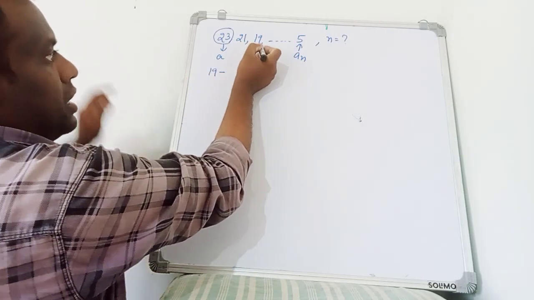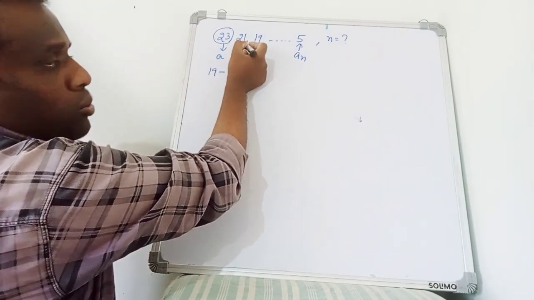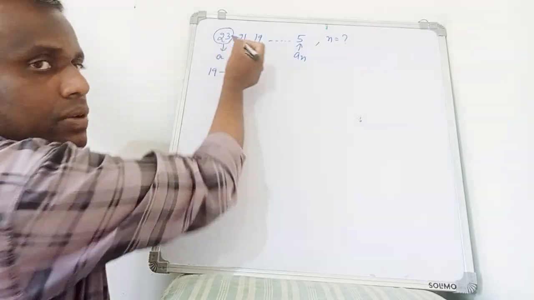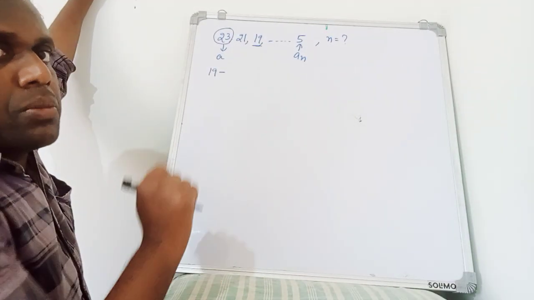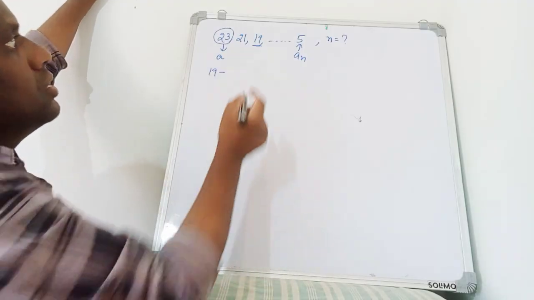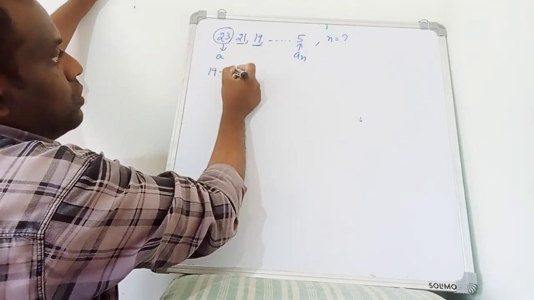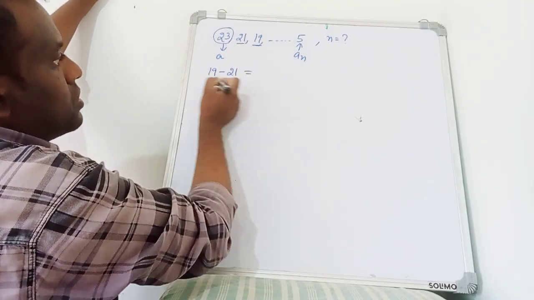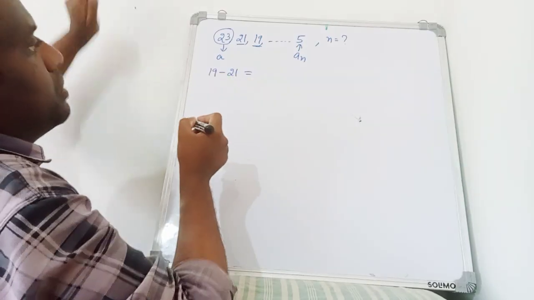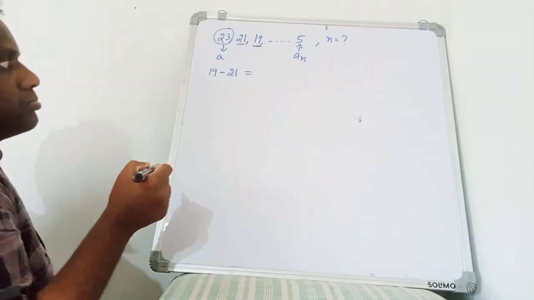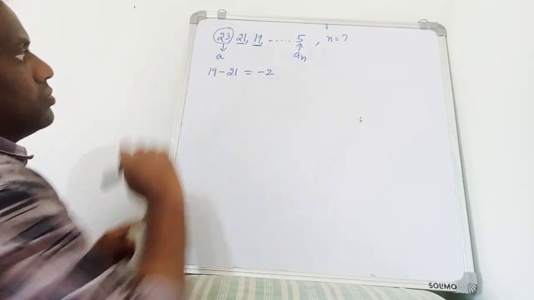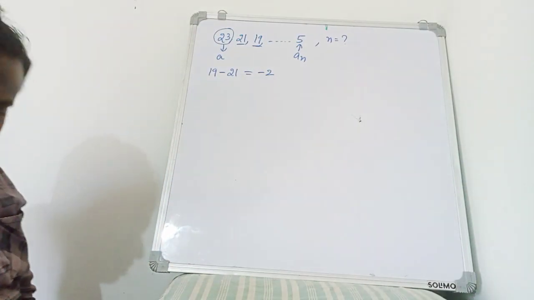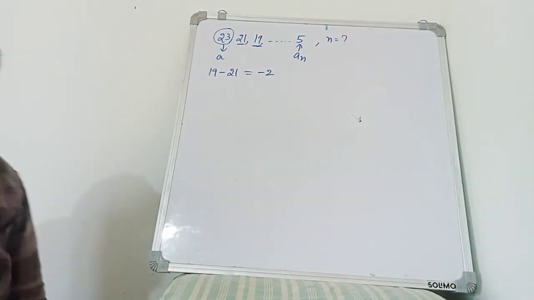If you consider 19, 21 is also a previous number, 23 is also a previous number. You have to take the first previous number. Which is that? 21. So that you take. Now subtract: 19 minus 21 means how much? 2, right? No, minus 2. Okay, just 1 minute.